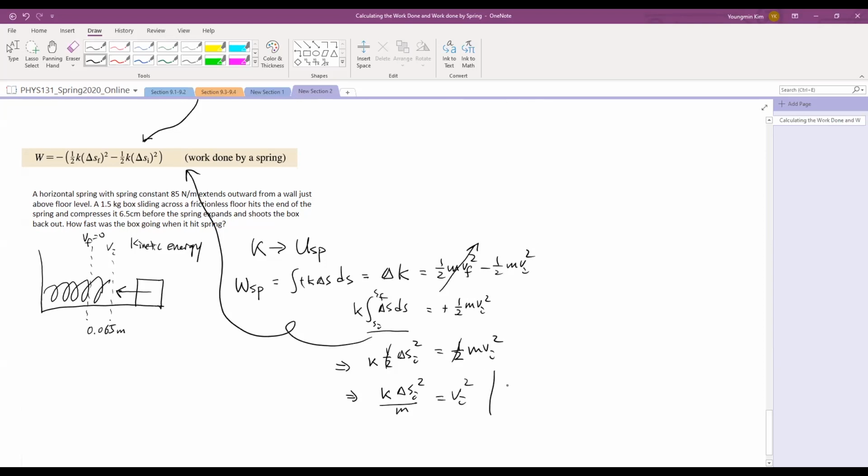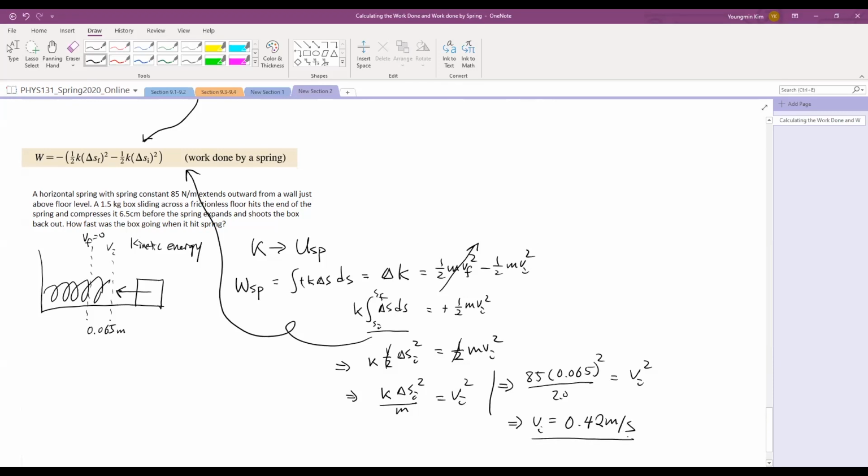So let's put the actual numbers here. This is 85 times 0.065 square divided by the mass, 1.5 kilogram, is going to be the initial velocity square. So this leads to the velocity equal to 0.42 meters per second.